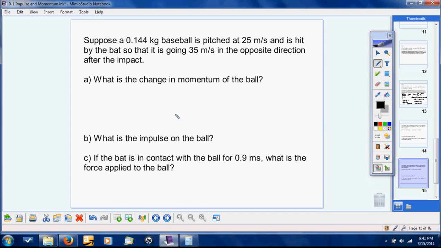So let's get this question written down. Suppose a 0.144 kilogram baseball is pitched at 25 meters per second and is hit by the bat so that it is going 35 meters per second in the opposite direction after the impact.